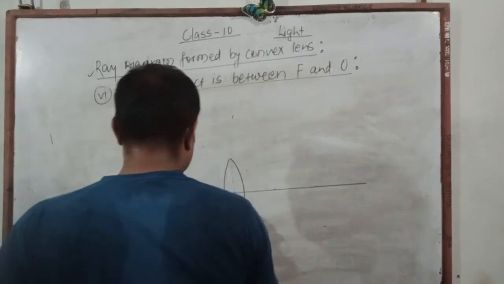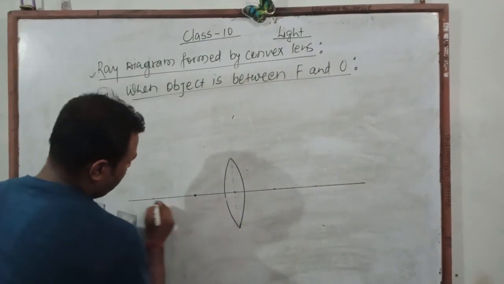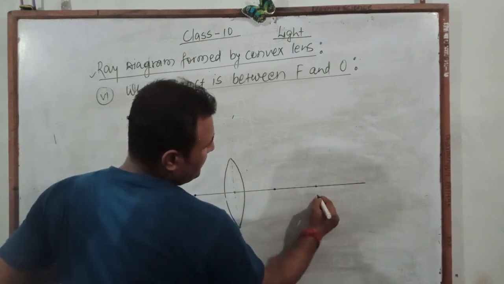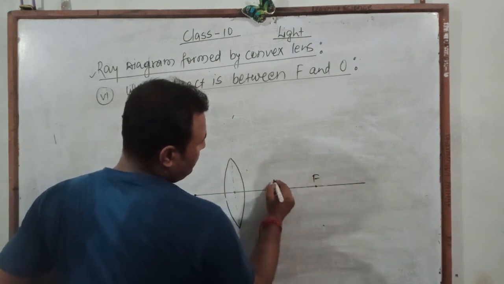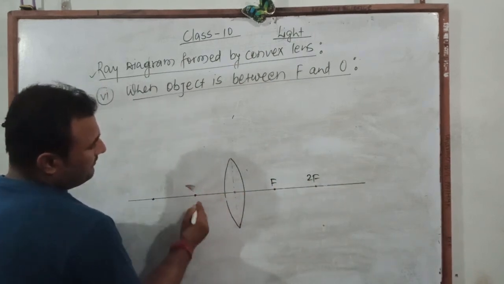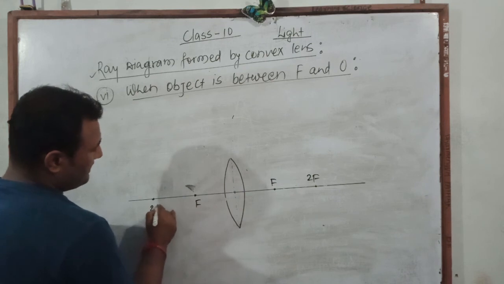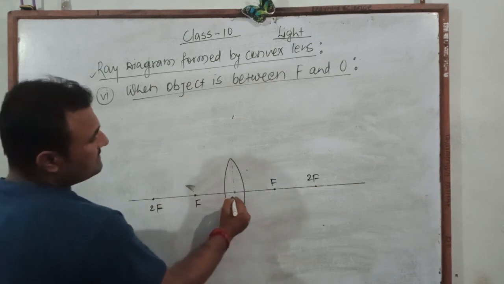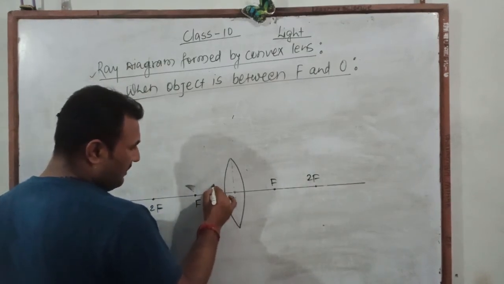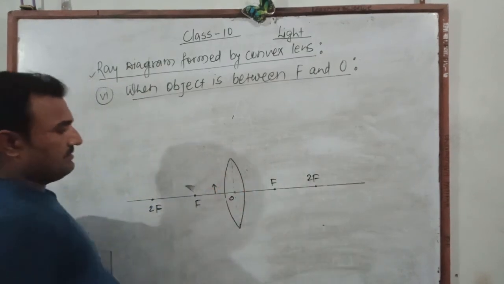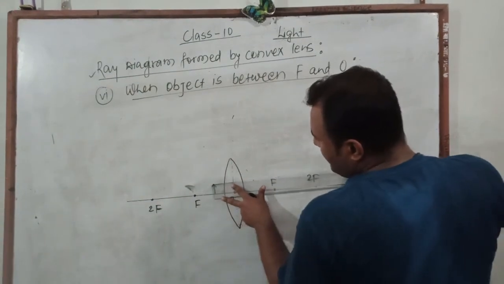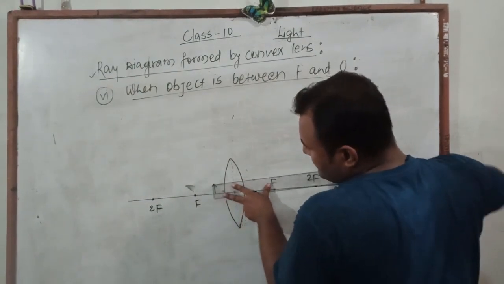And we label F, 2F on both sides. According to the condition, the object is between F and O. Here we take a small object and one ray of light parallel to the principal axis.